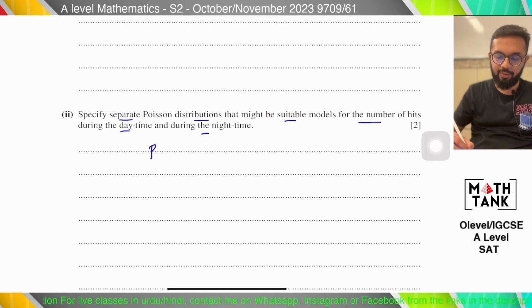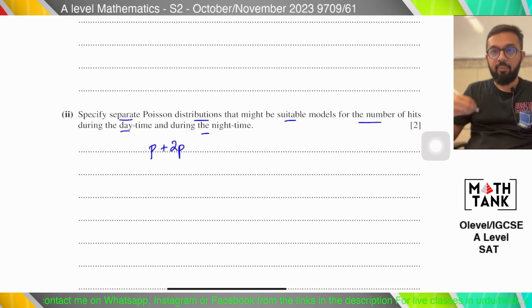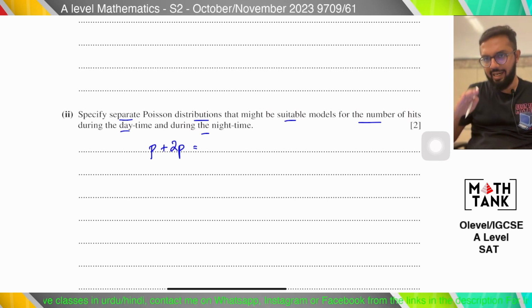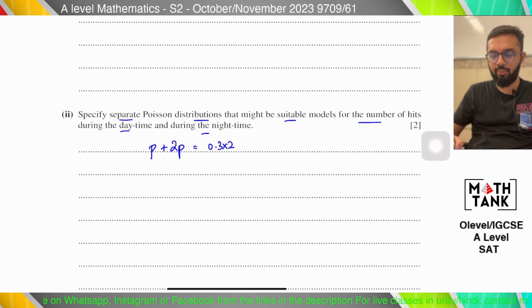So if the nighttime was P, daytime is therefore 2P, but what is the other side of the equation? I'm going to say that it was generally 0.3 per minute. Since I've added daytime and nighttime together, it's 0.3 into 2. Collective daytime and nighttime together should be 0.6 for 2 minutes.